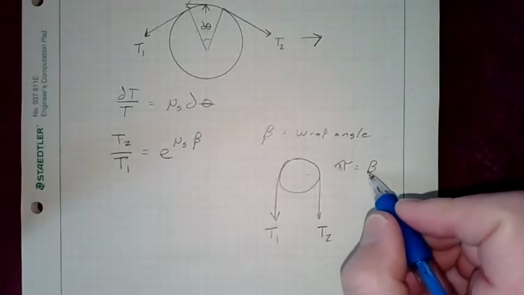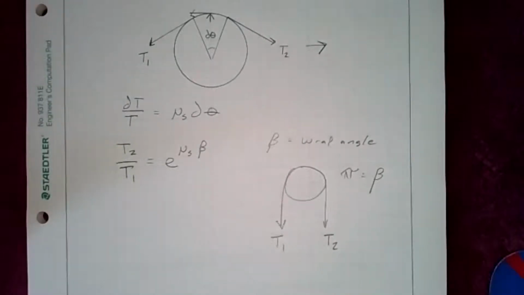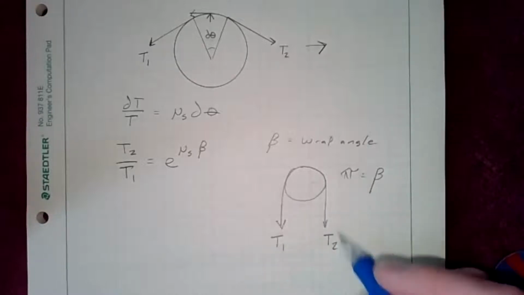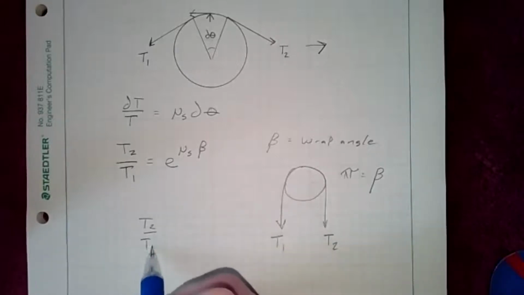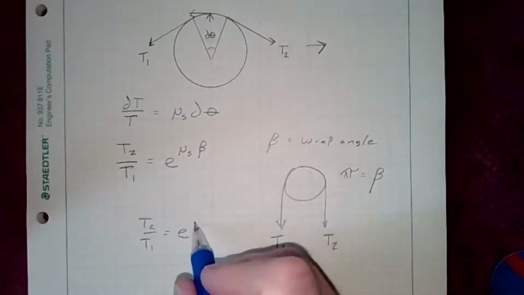So pi would equal beta. So what I could determine then is the difference between the tension here and the tension there. The ratio, T2 over T1, would just be equal to e to the mu static beta.